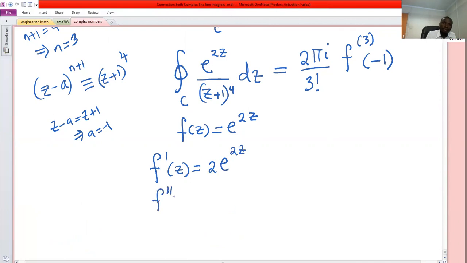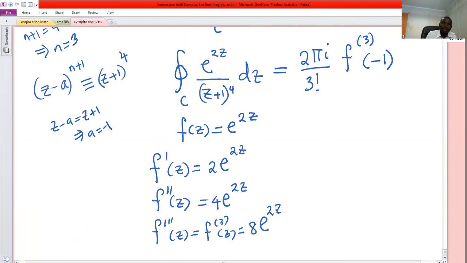Second derivative of this function, differentiate power again and pre-multiply, will have 4 e raised power 2z. And then the third derivative of the function will be, differentiating the power and multiplying, 8 e raised power 2z.